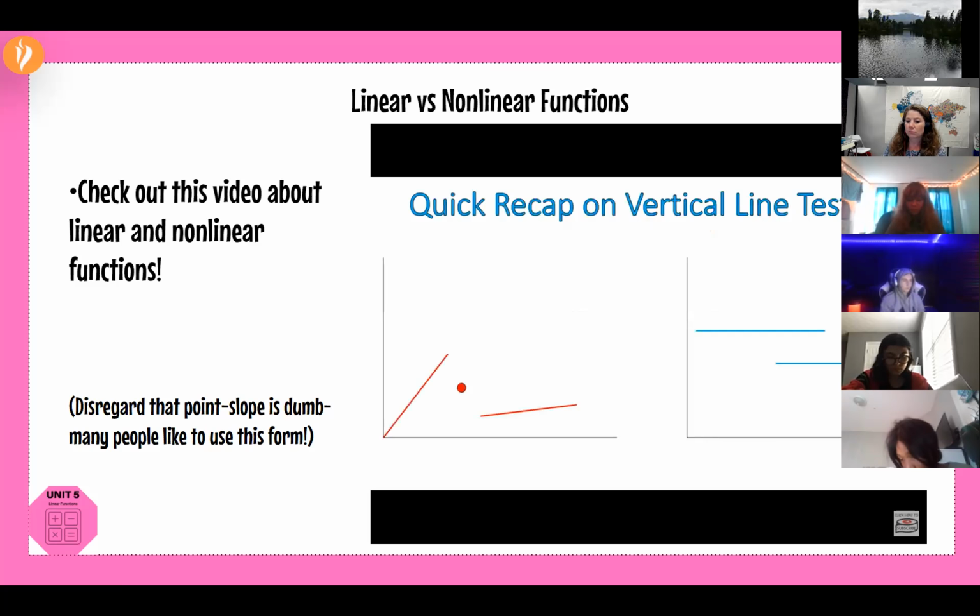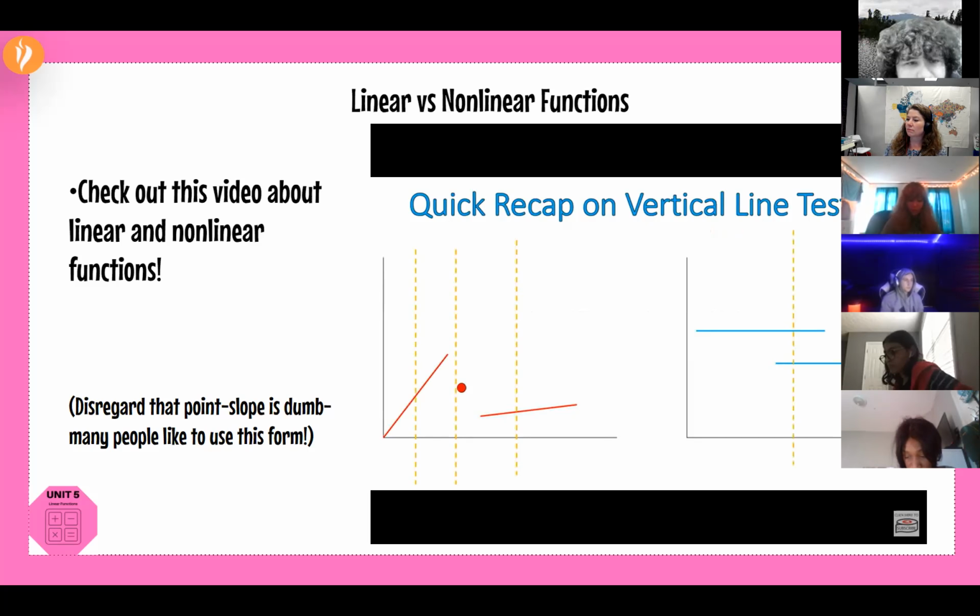Let's talk real quick about what a function is. A function is when you can draw a vertical line and it touches 1 or 0 points on a graph. So this one here, where you only have 1 point or no points being touched, is an example of a function. Over here where you see this line, this is a relation.